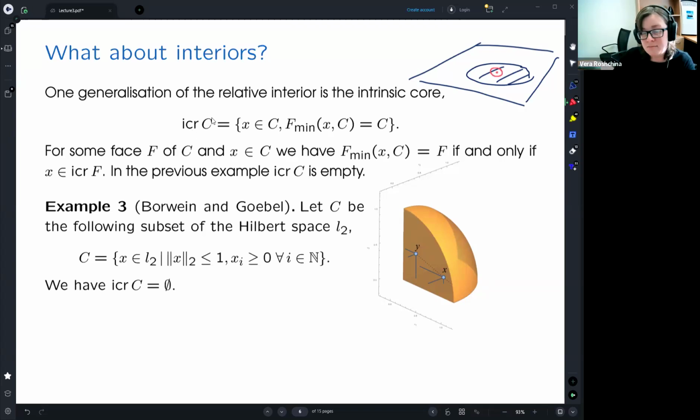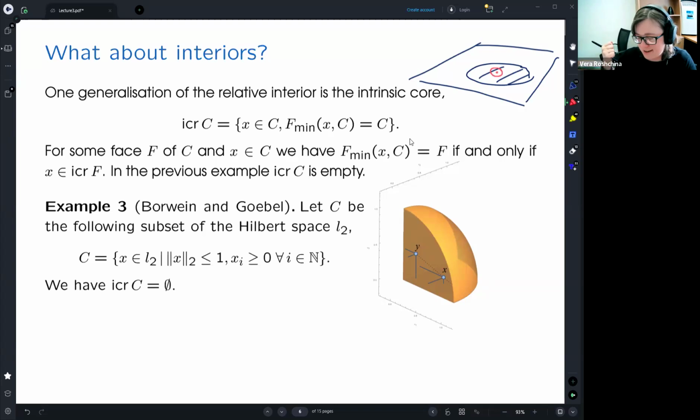But the particular generalization that is based on minimal faces works: take any point x in the convex set, draw a line through x, and it should be able to continue that line within C. It should find some point beyond x. In infinite dimensions, this notion is called the intrinsic core.